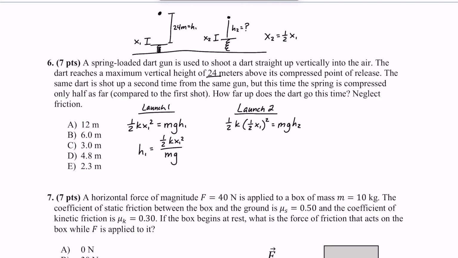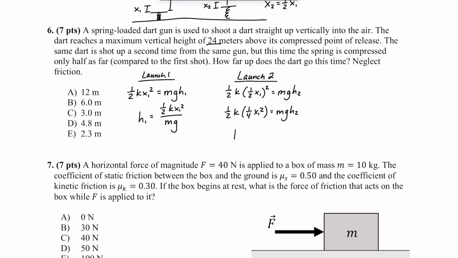Distributing that square, I have 1/2 k times 1/4 x1 squared equals mg h2. Solving for h2, I'm going to keep that 1/2 and the 1/4 on the left-hand side separately. I have 1/4 times 1/2 k x1 squared over mg.